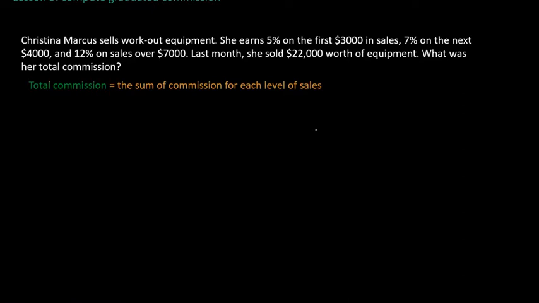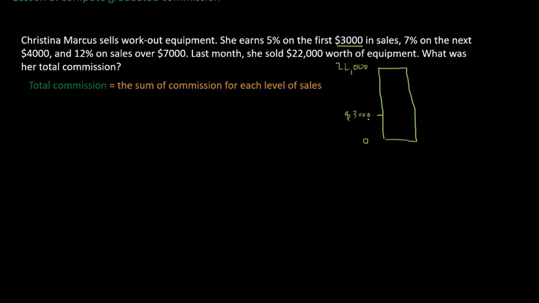One way I like to visualize this is I'll think of a little bar graph that represents Christina's sales from 0 all the way up to 22,000. Okay, and we know that there are certain points at which her commission changes. So, for example, it says after $3,000, after she hits this $3,000 mark, we know her commission amount is going to change.